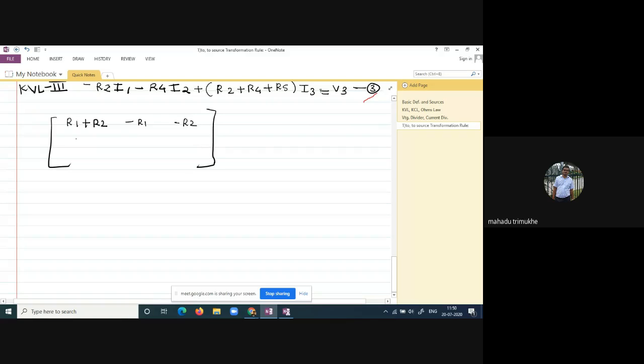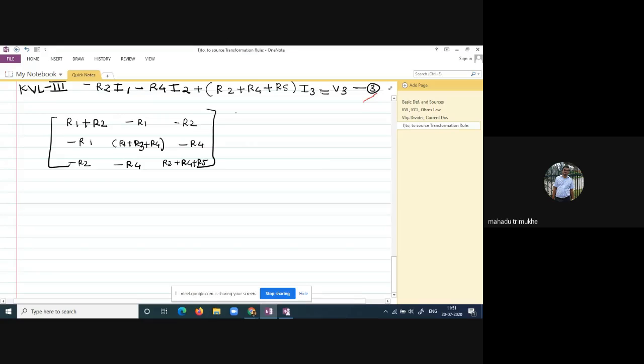So for the second equation, I1 is minus R1, I2 is R1 plus R3 plus R4, and here minus R4 I3. And for the third equation, for I1 minus R2, for I2 minus R4, and for I3 it is R2 plus R4 plus R5.